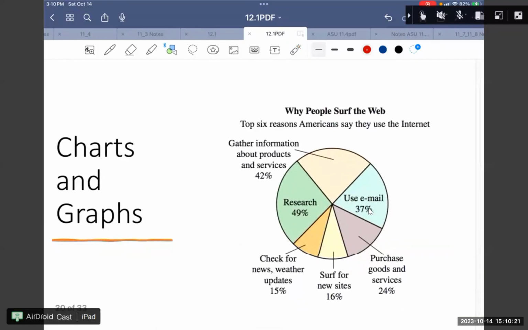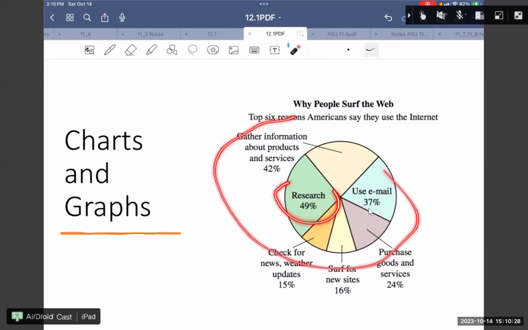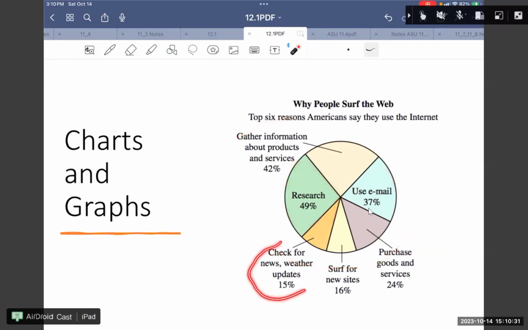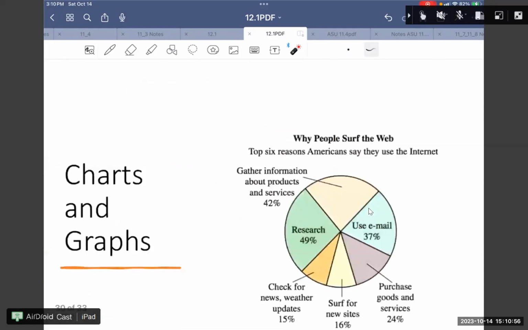In this chart you can see that the research shows 49% check the weather, 15% check the news, 16% purchase goods and services, 24% and so on. The graph on the previous slide is misleading, since the sum of the parts is 183.